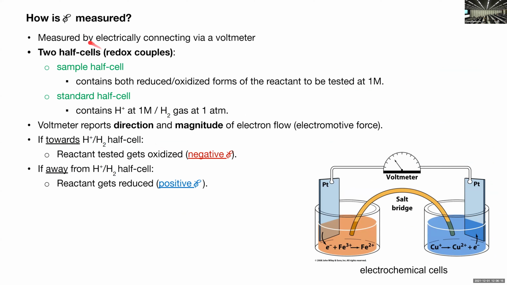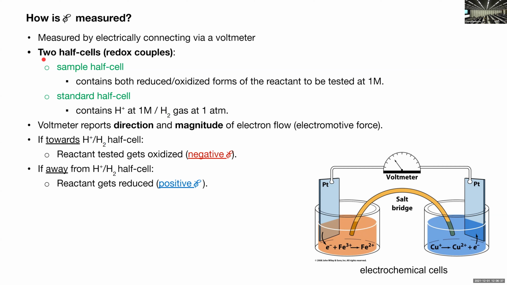Here, how can we actually measure this reduction potential, E? We can measure it empirically by using this voltmeter, connecting those two half reactions and reading the electrical changes, basically the current that is set up.